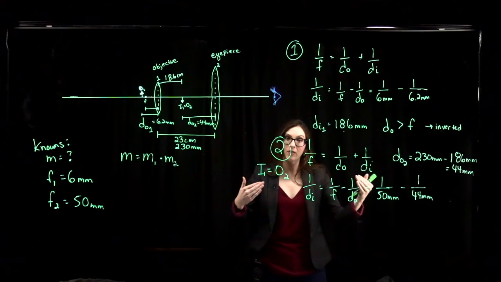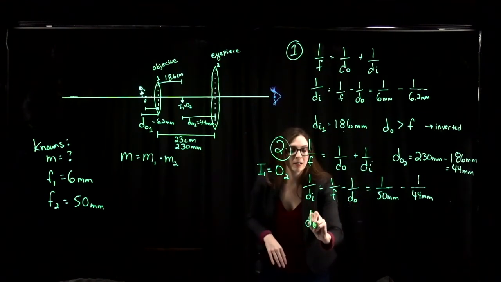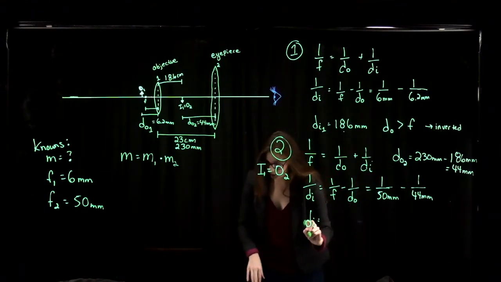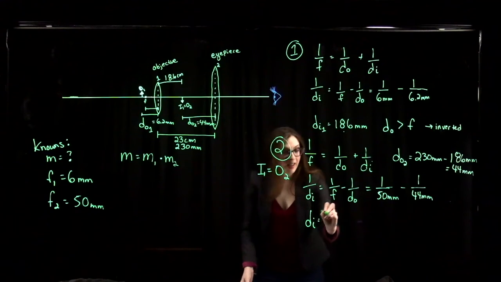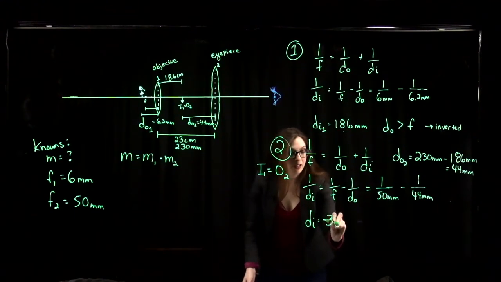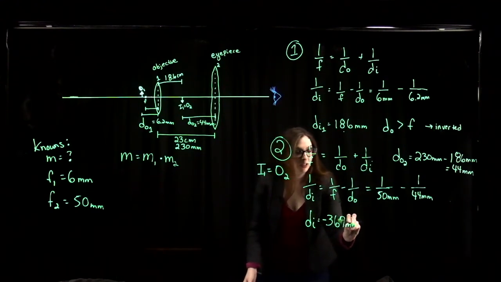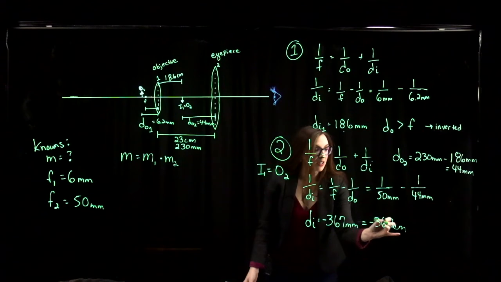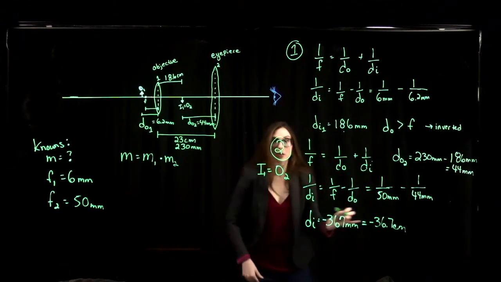Take the inverse of that number. That gives me di is equal to negative 367 millimeters, which is also negative 36.7 centimeters.